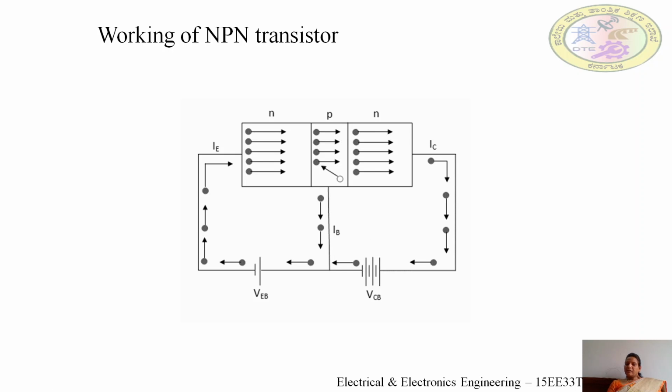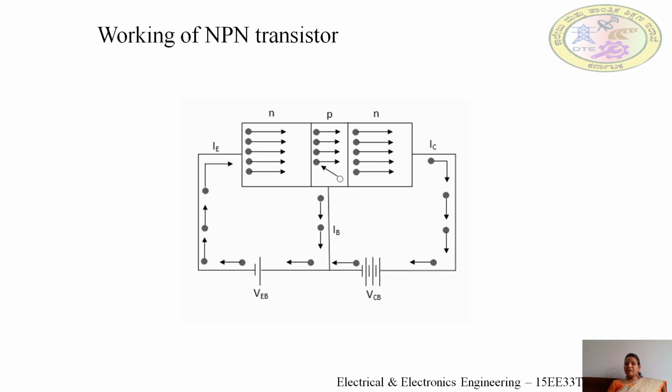Now let us assume that emitter base junction has no bias, that is emitter base junction is open. In that case, there will not be any emitter current and hence collector current is also zero. That is, if emitter current is zero, collector current is also zero.